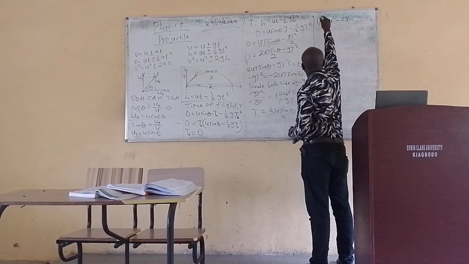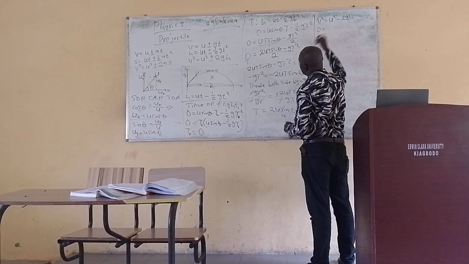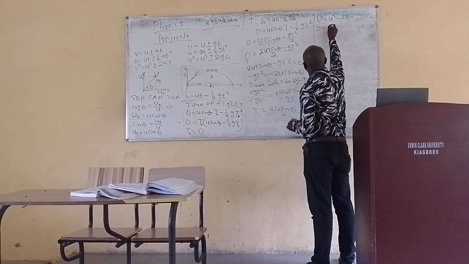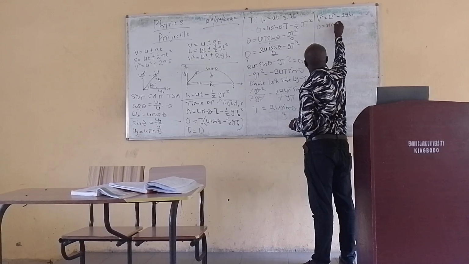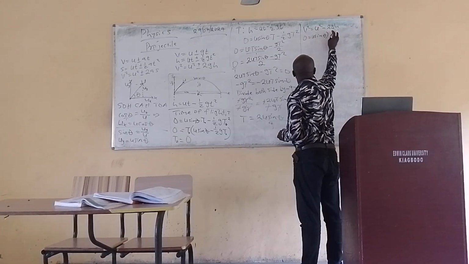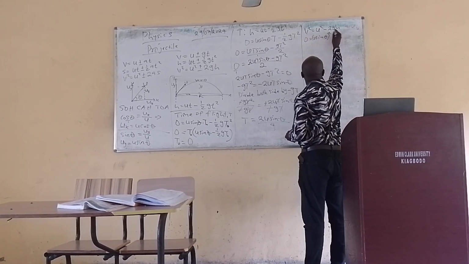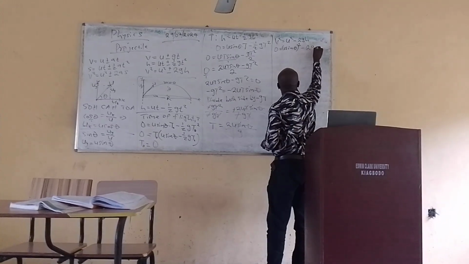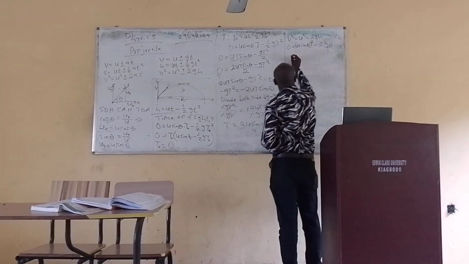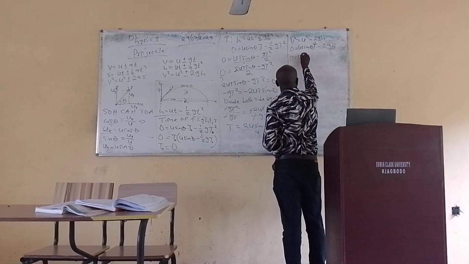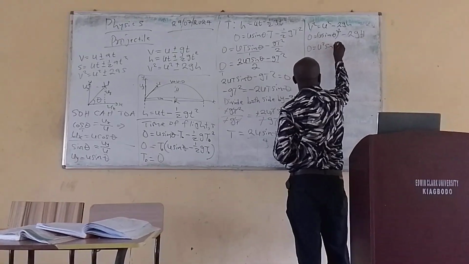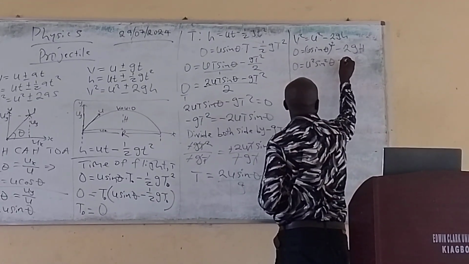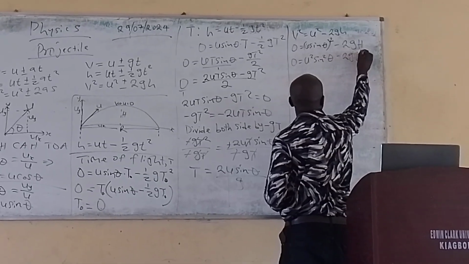So the whole of this will come to 0, which equals, using the normal resolution of vectors, u sine theta, then you square it, minus 2gh. So in squaring it, you now have 0 equals u squared sine squared theta minus 2gh.